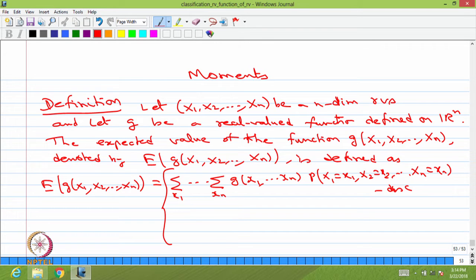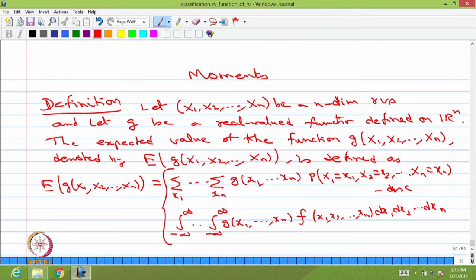If all such n random variables are of the continuous type, then it is an n-dimensional integration from minus infinity to infinity, with the integrand g of x1 and so on xn multiplied by the joint probability density function of X1, X2 and so on Xn at the variables x1, x2, xn. Integration is with respect to x1, x2 and so on xn, when all these random variables are of the continuous type.